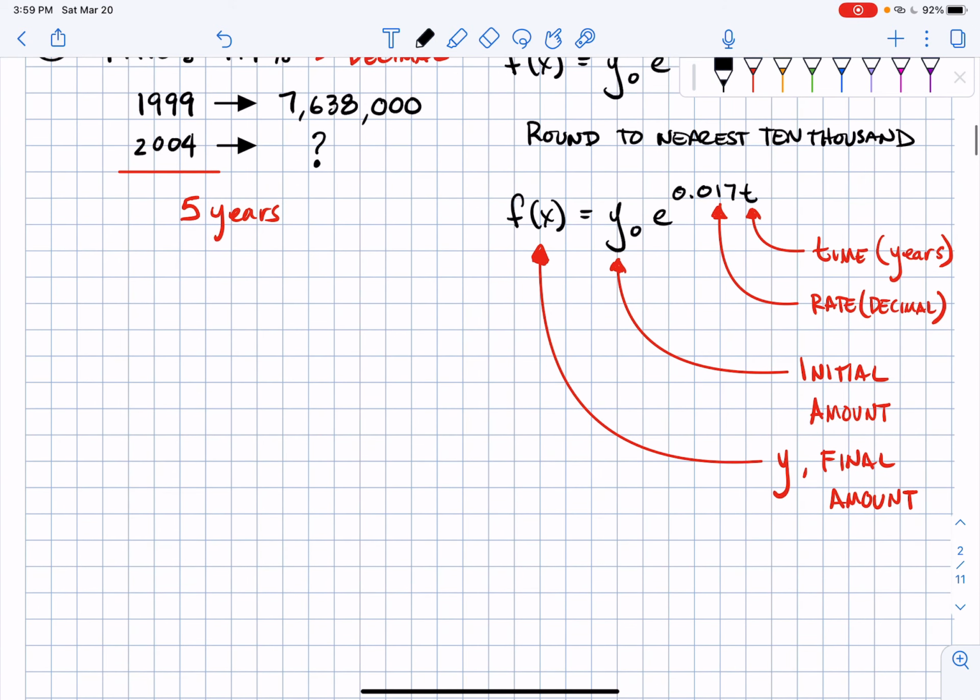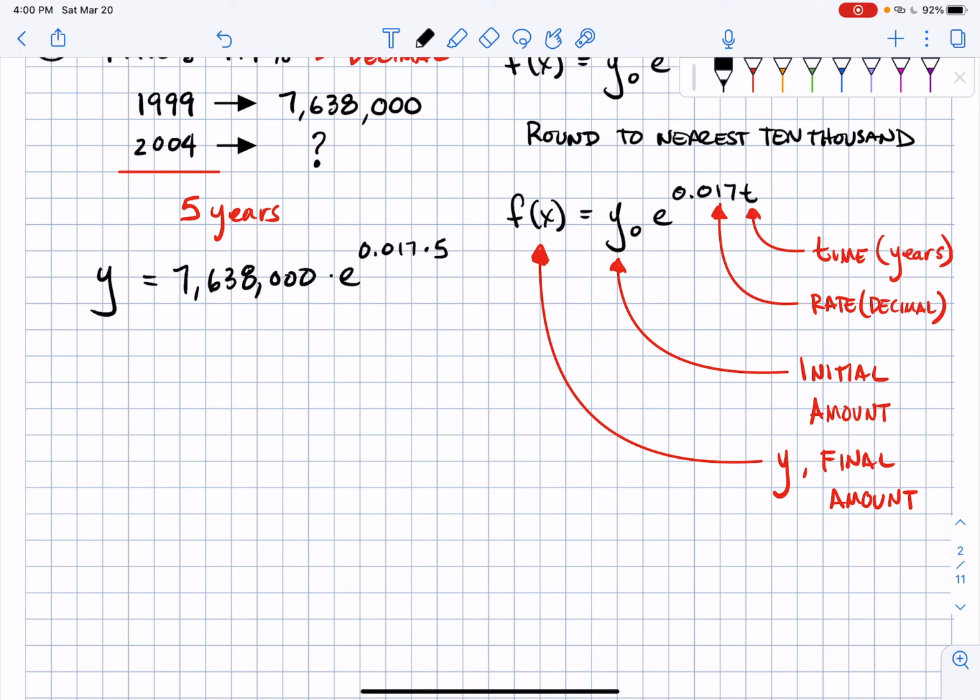So I have my final amount, let's call it y, is equal to my initial amount, which is 7,638,000, times e raised to the power of 0.017 times 5 years, which is the t.